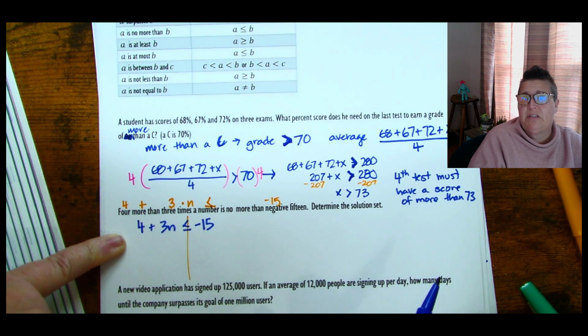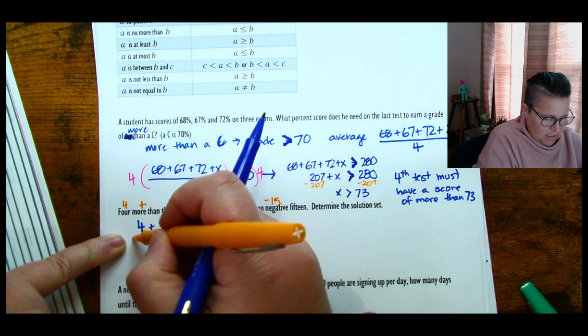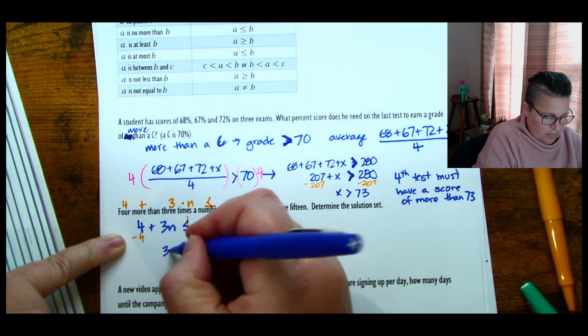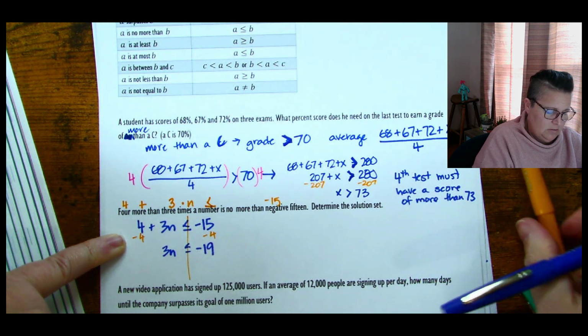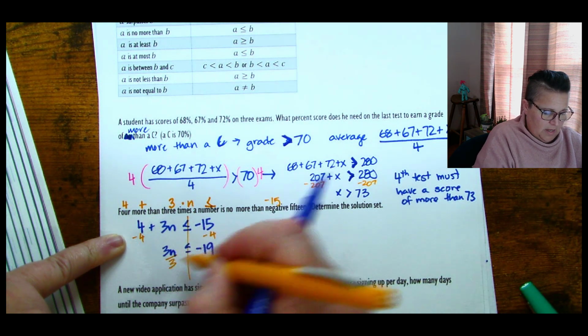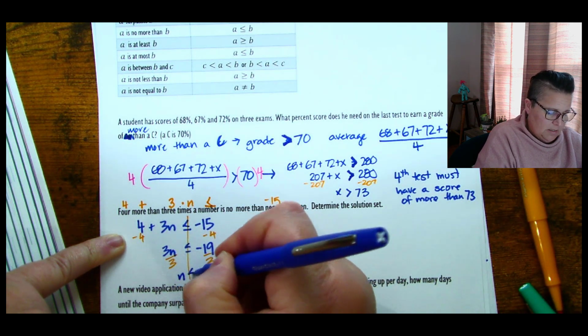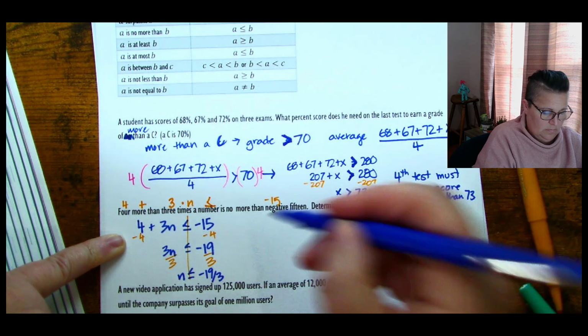I just need to determine the solution set. So I'm going to subtract 4 from both sides. 3n is less than or equal to negative 19. I'm going to divide both sides by 3 to get the n alone. n is less than or equal to negative 19 thirds.